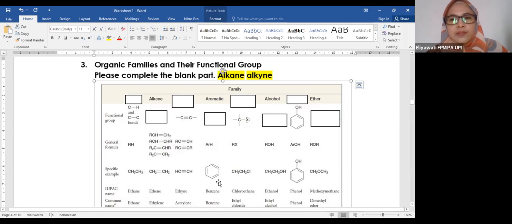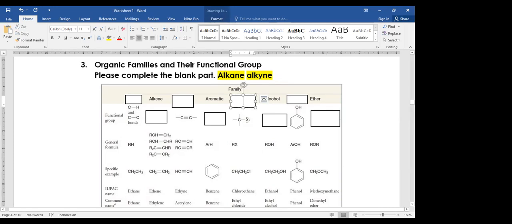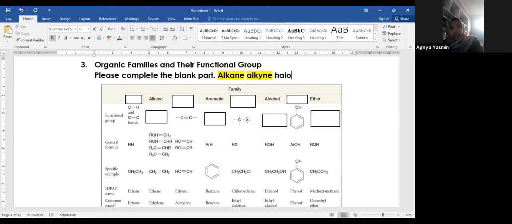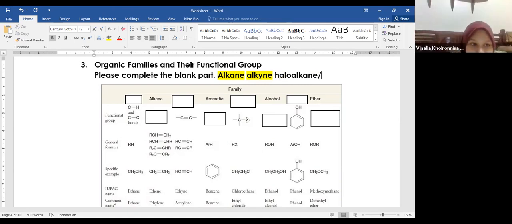And then next, this one is haloalkane, or we can say alkyl halide.